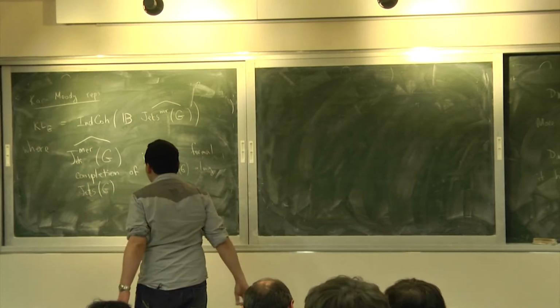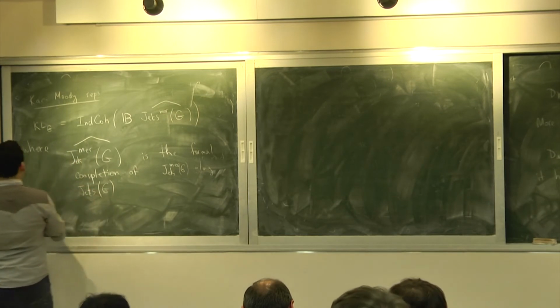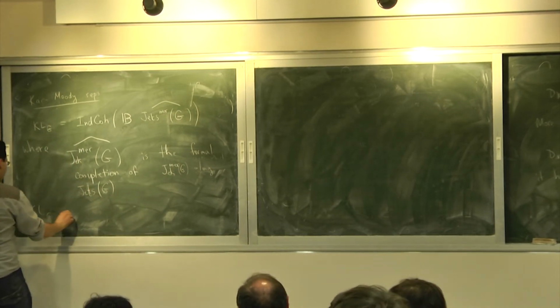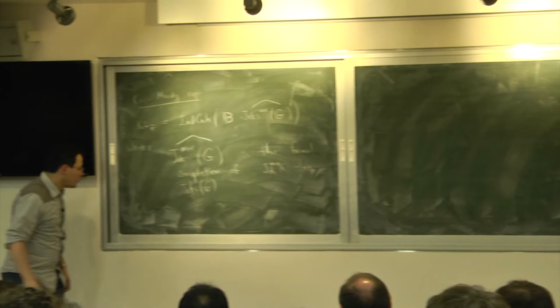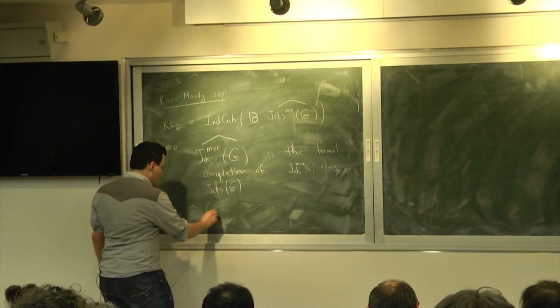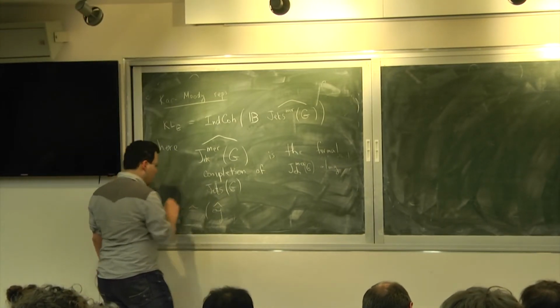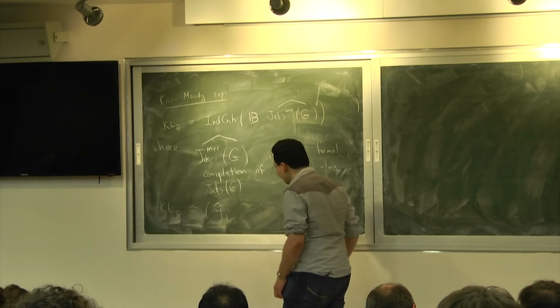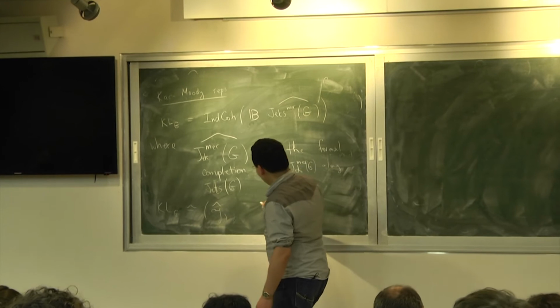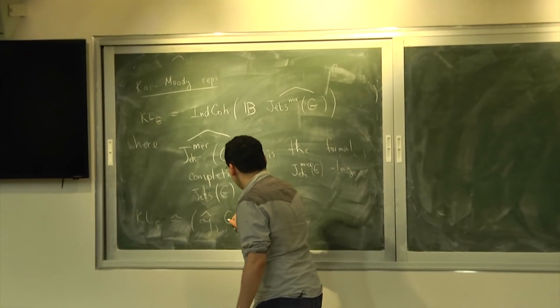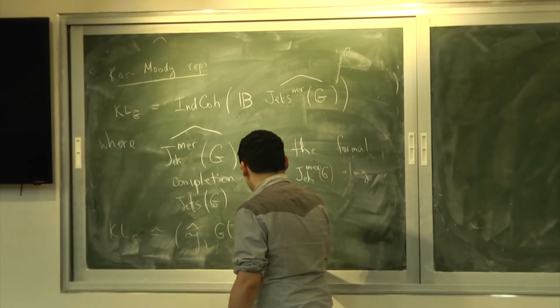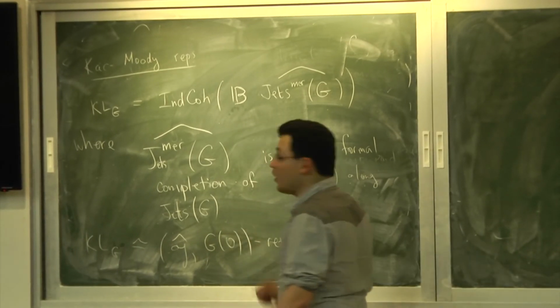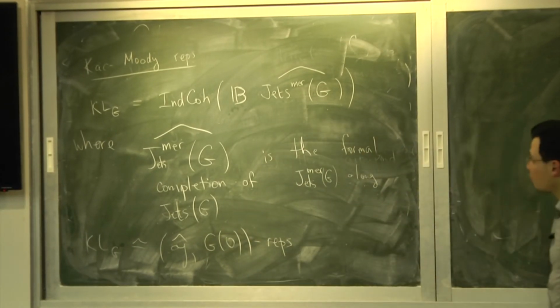So we discussed this yesterday. The point is that KL_G is equivalent, at least at a point, to G hat, let me just write it like this without specifying the level, comma G(O), the Harish-Chandra category of G hat, G(O) representations.